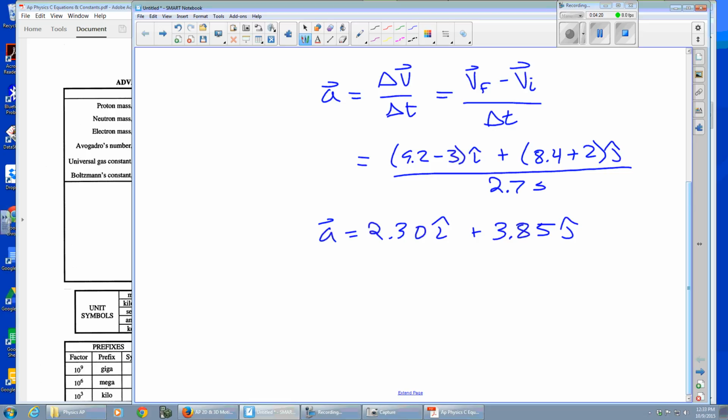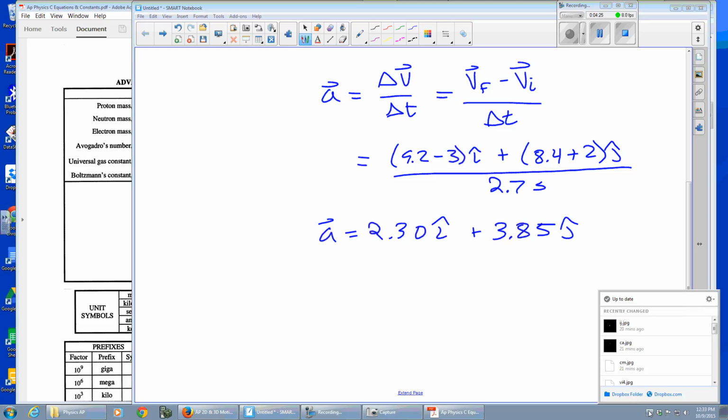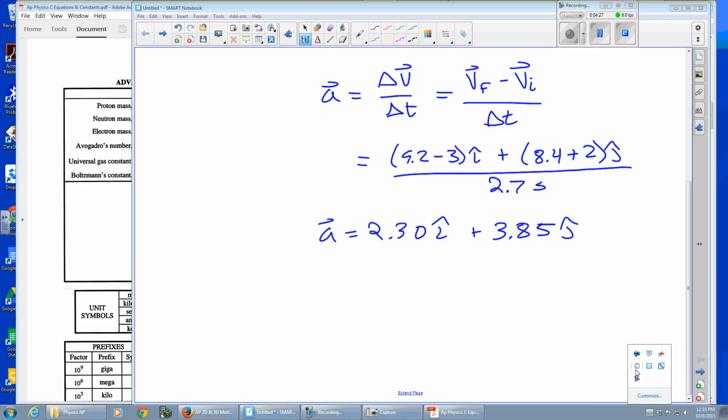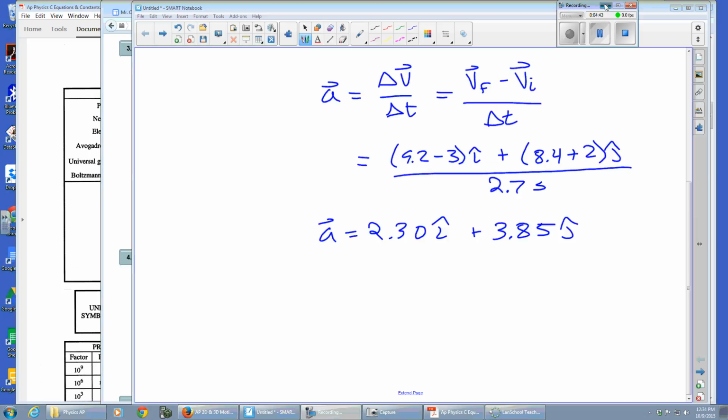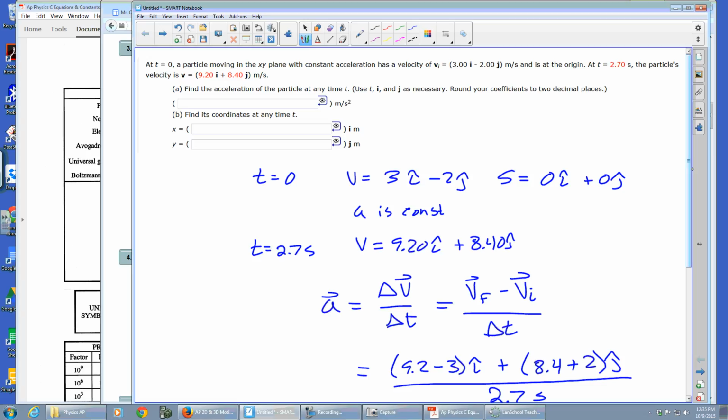Why don't I cast this out as a window. I forgot about that, sorry. All right, so that's my acceleration, and it's constant, so no time-dependent variables in there. Nice.